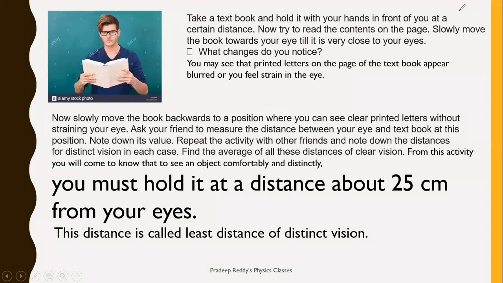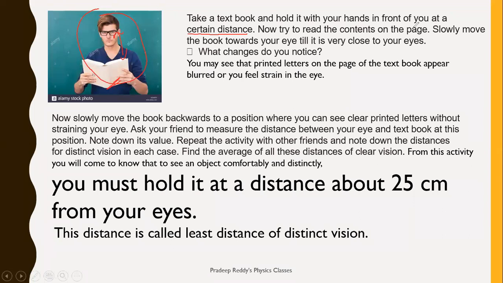Place that particular screen at a certain distance, like how this person is holding this notebook or textbook in front of his eye at a certain distance. For example, this distance can be 10 centimeter, 20 centimeter, 30 centimeter, like this.